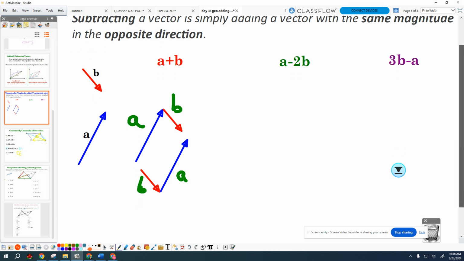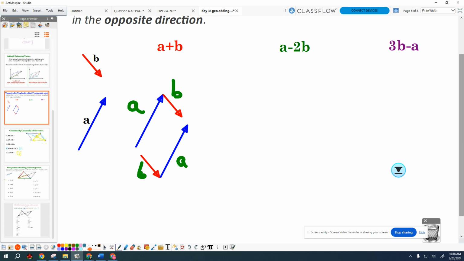This is A plus B, this is B plus A. Here is my open start and my open end. Can I add vectors in either one? Yes or no? You can add in either order, yeah.